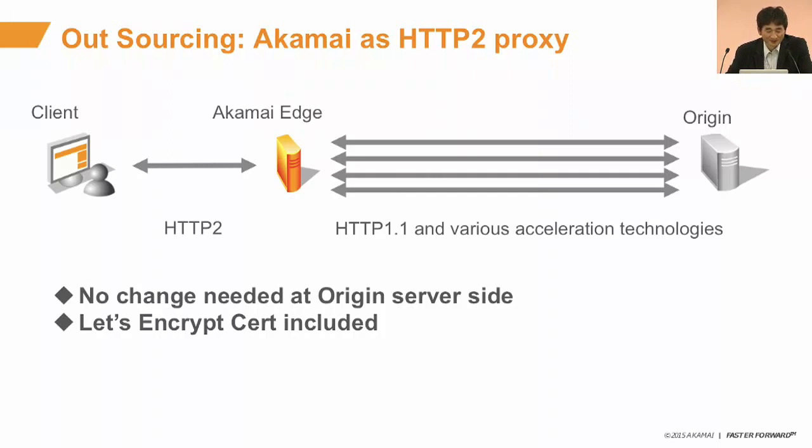The proxy takes care of everything. And in Akamai's case, Akamai introduced Let's Encrypt to start on your behalf, and you don't have to do anything on the origin side. And Akamai works very fast between your origin, so the entire HTTP2 benefit is available in this setting.